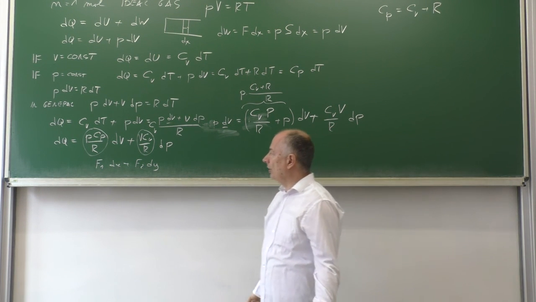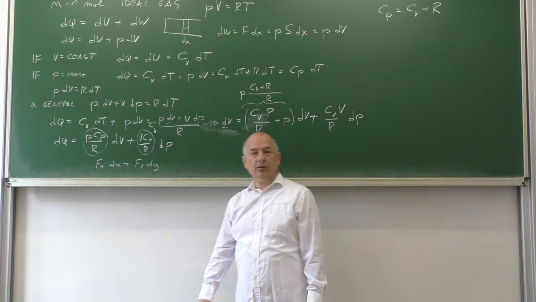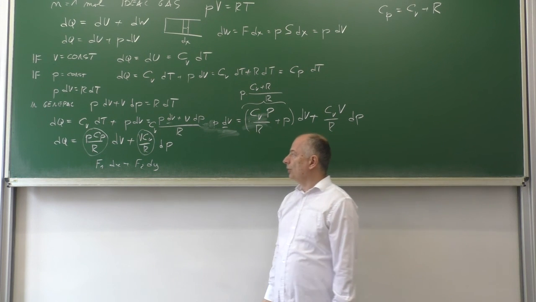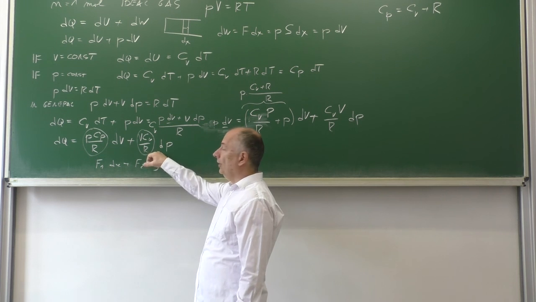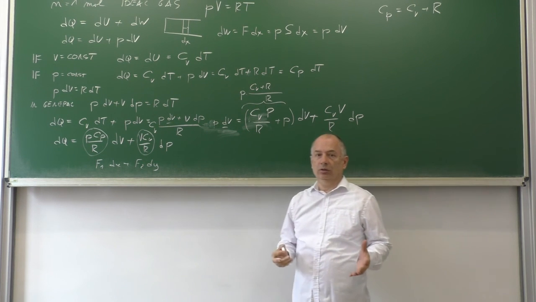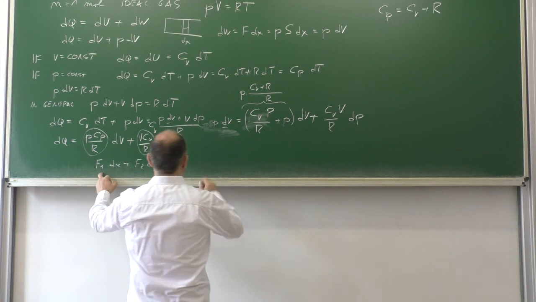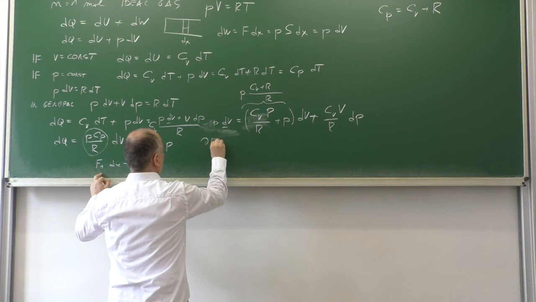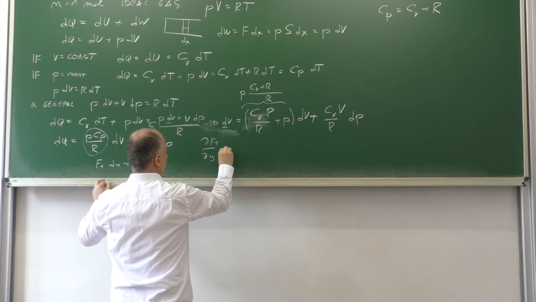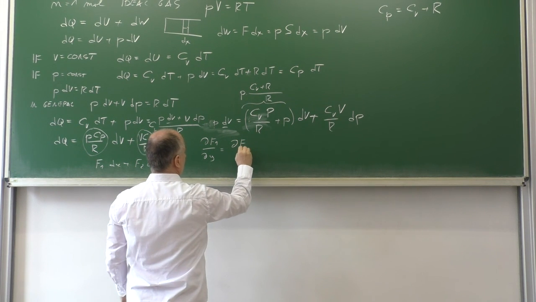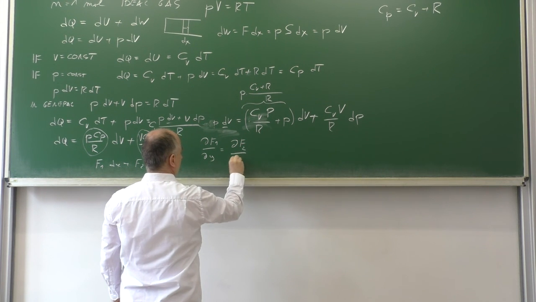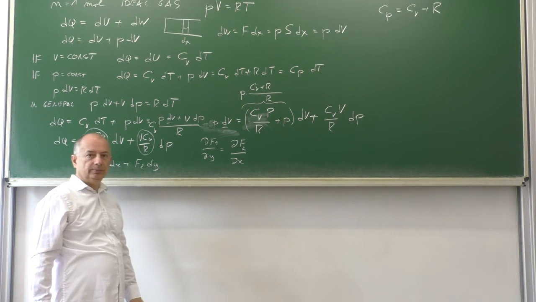And we can ask the question whether this vector field is conservative, whether it has potential, whether this differential form is or is not an exact differential. And you may remember that the condition is that the derivative of the first component with respect to the second variable should be equal to the derivative of the second component with respect to the first one.